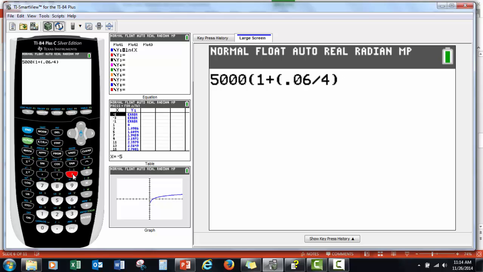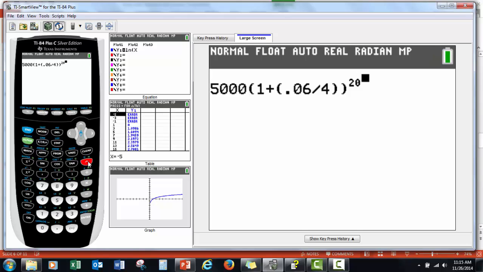So there's my r over n, my interest rate over the number of times it's compounded in a year. And then remember, we have to raise that to a power. So on my calculator, I go right over here to this exponent button, raised to the power of, it's called a caret symbol. Raised to the power of 20, or I could put 4 times 5 there, but I'm just going to put in 20.